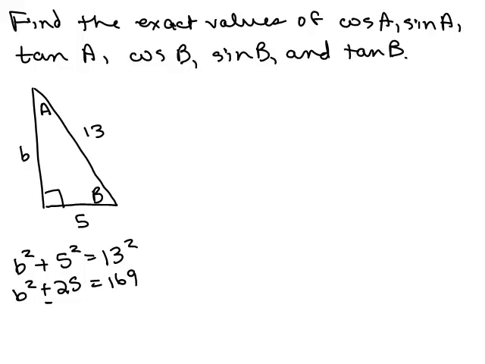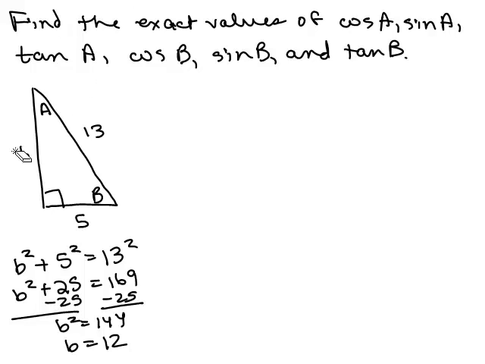If we subtract 25 from both sides, we get b squared is 144. So b is 12. Now notice I'm not writing plus or minus 12 because b is a length. It can't be negative. If this was not a problem where b was a side, and you just had this equation, b squared plus 25 is 169, then b could be two possibilities, plus or minus 12.